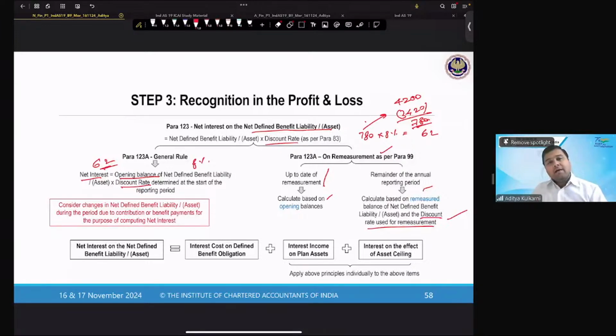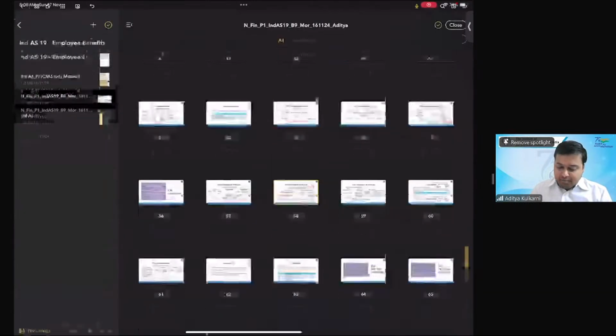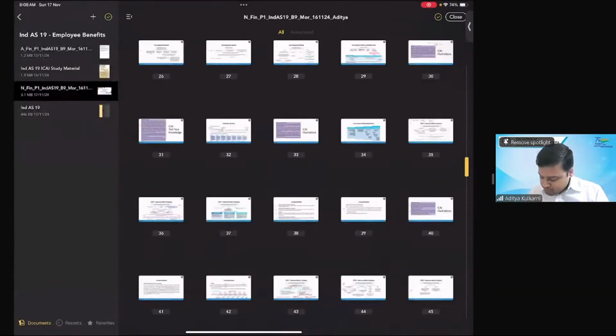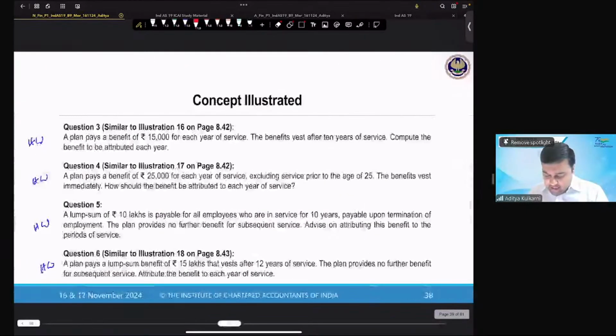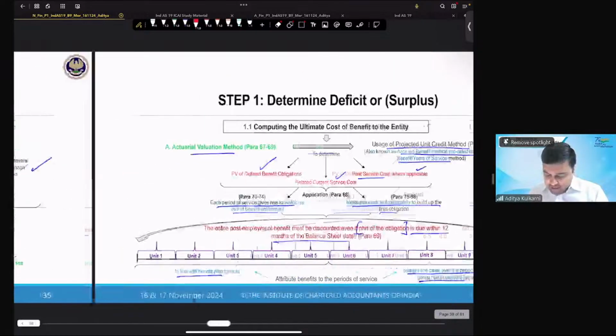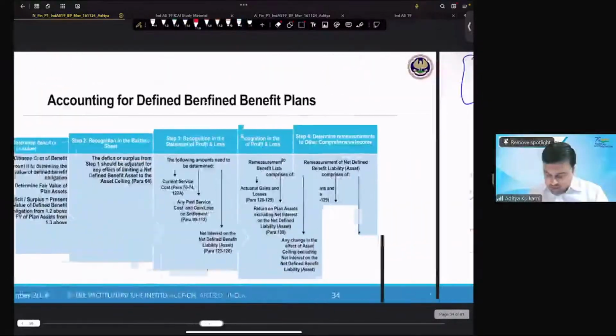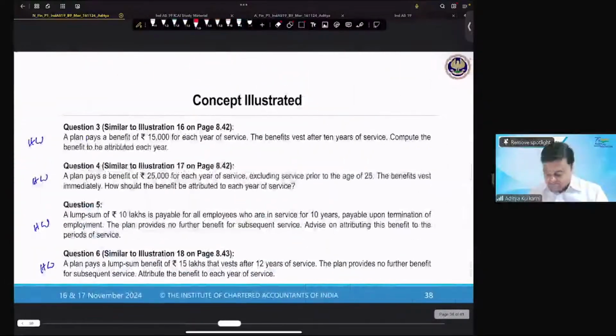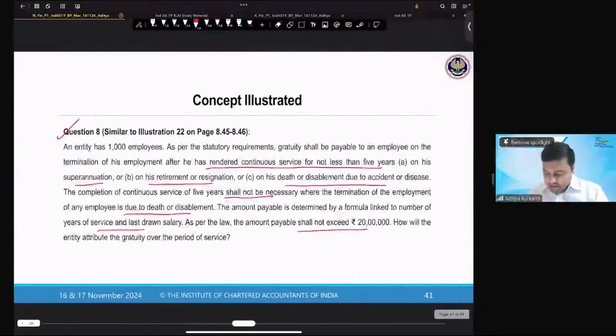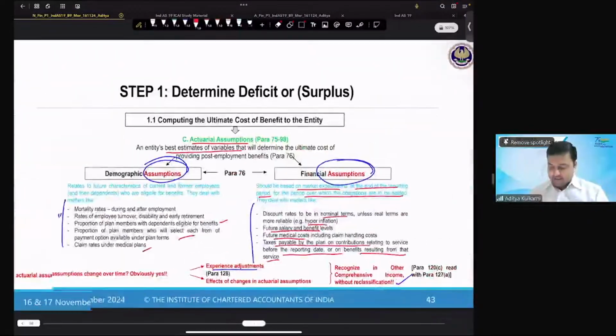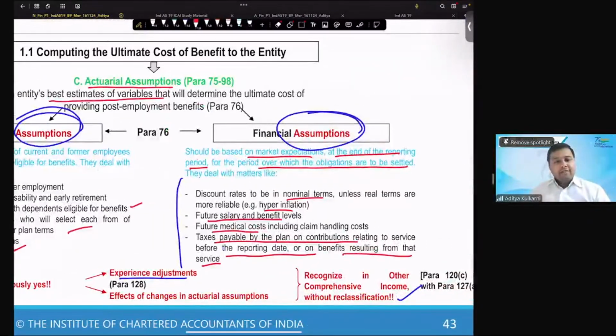Many times what will happen, the discount rate also can undergo a change as part of remeasurement. See, remeasurement happens because of change in actuarial assumptions. Actuarial assumptions are of two types. You remember, we had done this in one of the theories. Let me just check. Demographic and financial assumptions.